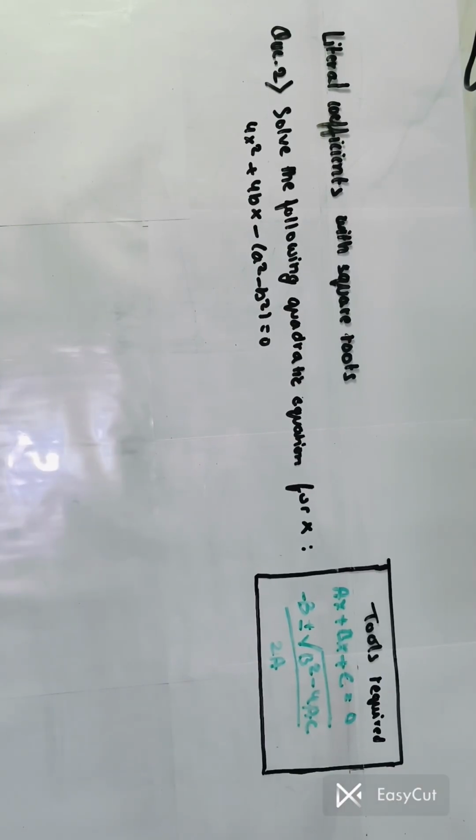Literal coefficients with square roots. This is the second type of problem students generally have problem with. So here we just need to solve it, and well, we do always solve it, but the steps are quite complex.